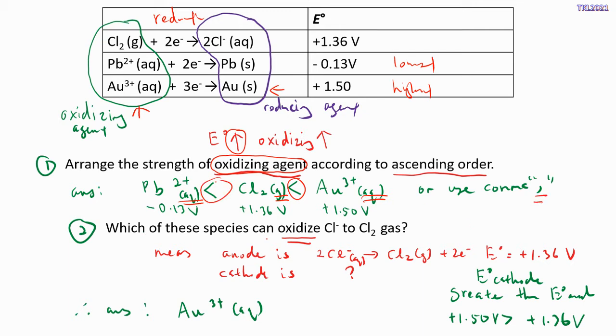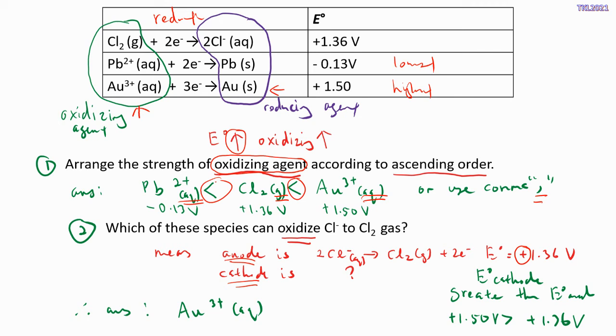Second question. Which of these species can oxidize chloride ion to chlorine gas? We need to look at the values. The standard reduction potential for chlorine is positive 1.36. To oxidize chloride ion to chlorine gas, chlorine is the anode.